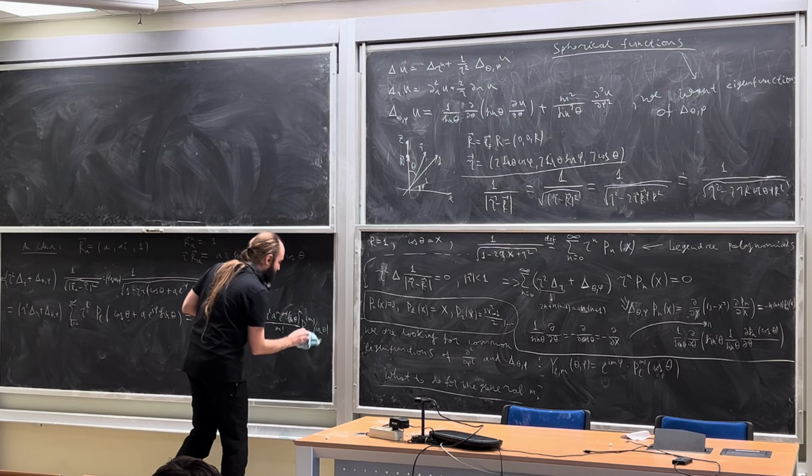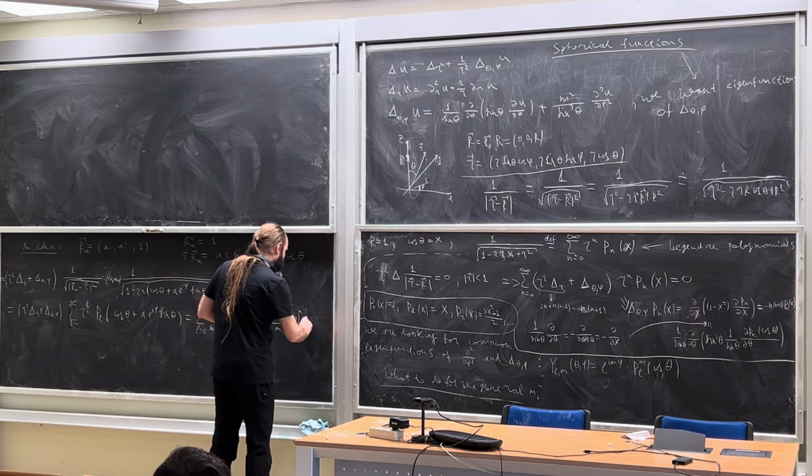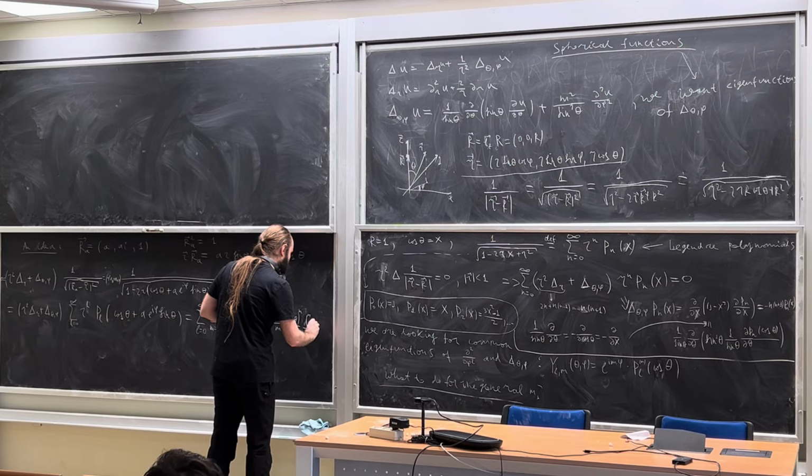Maybe better to write this derivative explicitly because it is in different notation: d^m/d(cosine theta)^m P_l of cosine theta, like this.